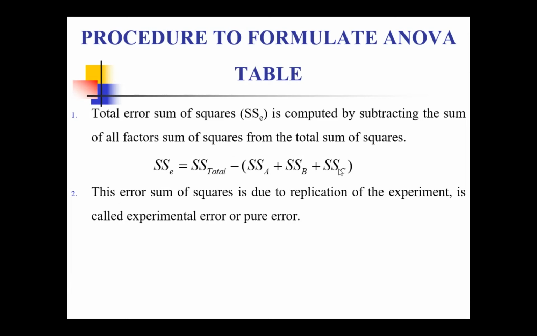As here we have taken 3 independent variables A, B and C, the sum of squares of all the treatments are summed together and subtracted from the total sum of squares. That will give us the error sum of squares.